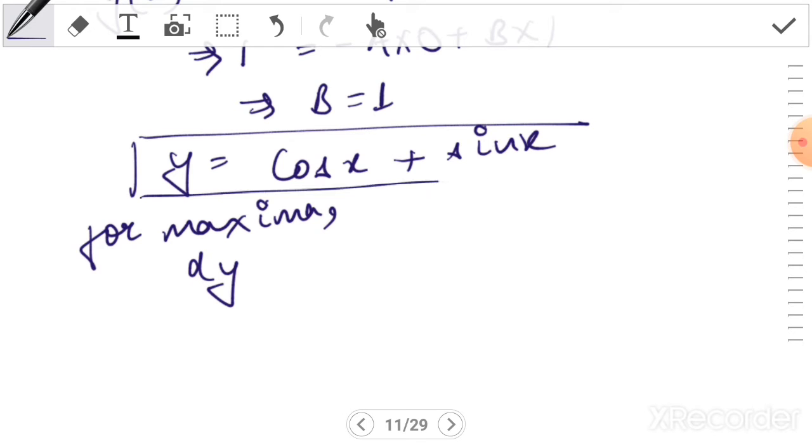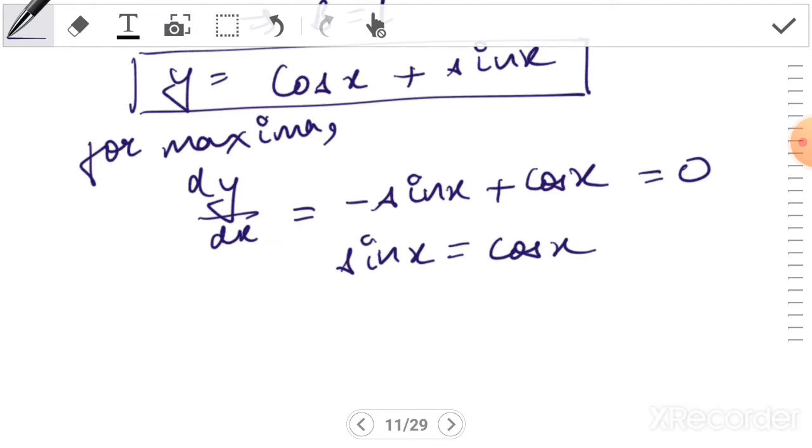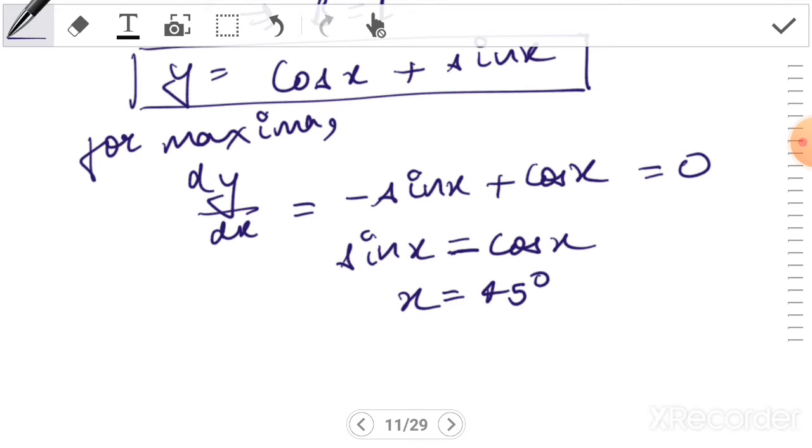So dy by dx is equal to minus sin x plus cos x. Equate this to 0. So we will get sin x is equal to cos x, and sin x is equal to cos x at x is equal to 45 degree. Now the double derivative of y with respect to x will be equal to minus cos x minus sin x.